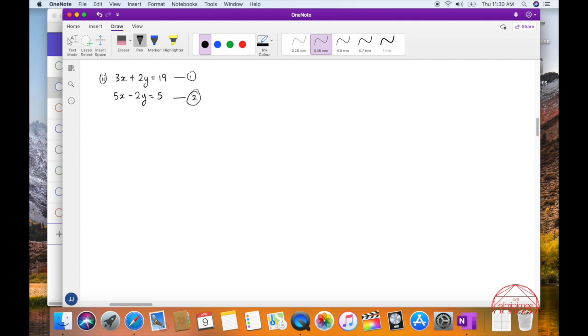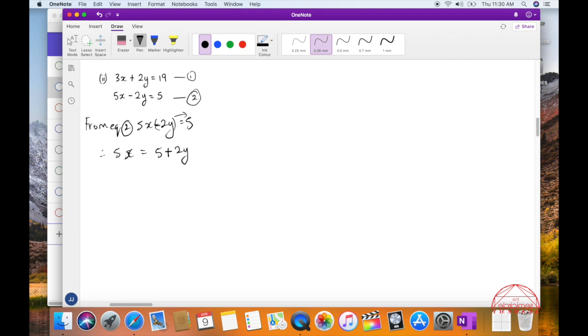So how about we choose equation 2 this time. So from equation 2, 5x minus 2y is equal to 5. Let's make x the subject of the formula. So I'll take this negative 2y and I'll throw it across. Therefore, 5x is equal to 5 plus 2y, right?